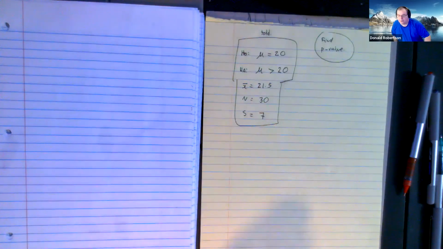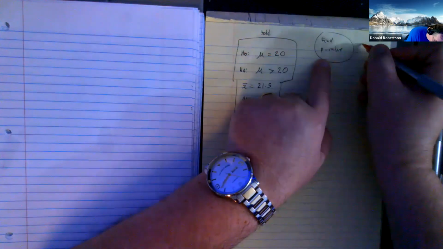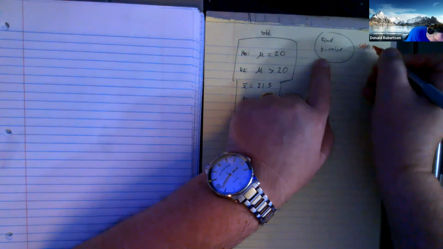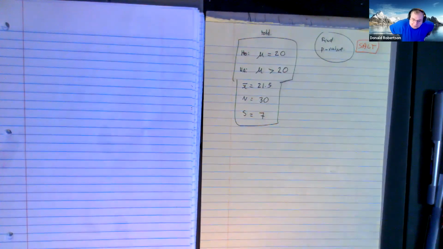So this we're told, right? And we are going to find the p-value. So we have to go through some of the stages that we've done so we can do one more extra stage at the end. And when you're asked to find the p-value, you are going to use solve, right? There's no way around it. You need to use solve.